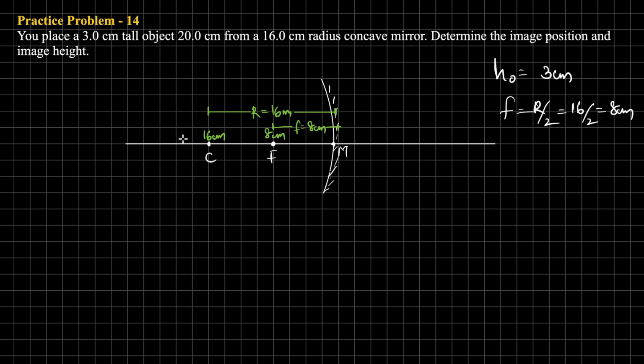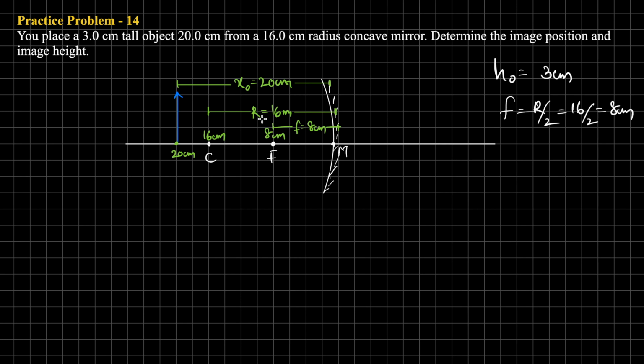You're going to place an object 20 centimeter from the pole of the mirror. So I'm going to place the object here beyond C. This point is 20 centimeter, and this distance is the object distance xo. It's equal to 20 centimeter.